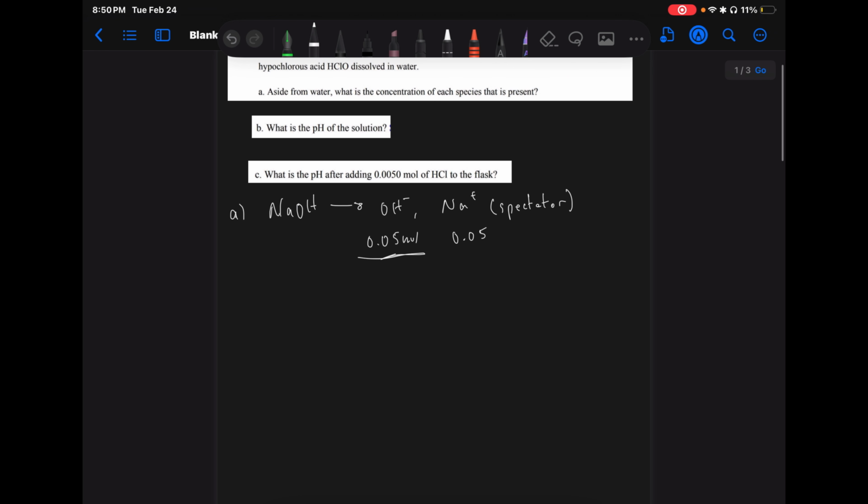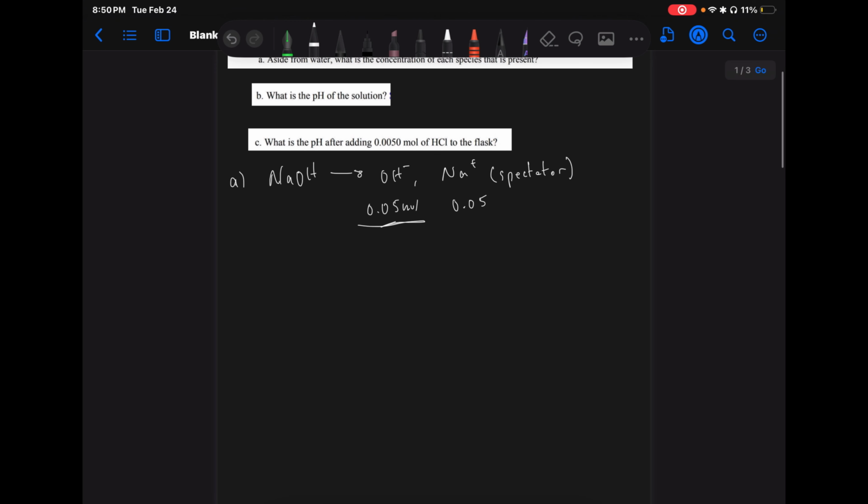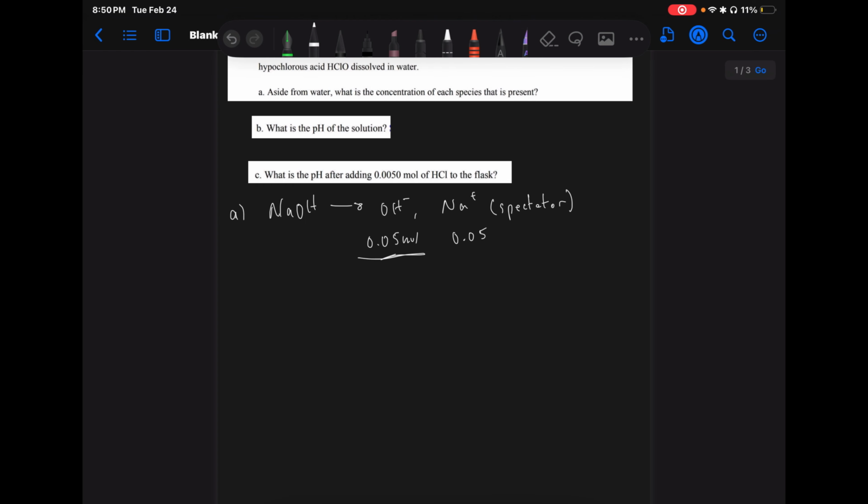What will happen is that a weak conjugate base, ClO minus, will be formed from this reaction. Quickly drawing the equation out to make more sense of it: we have HClO plus OH minus, with equilibrium arrows, to ClO minus plus H2O liquid.